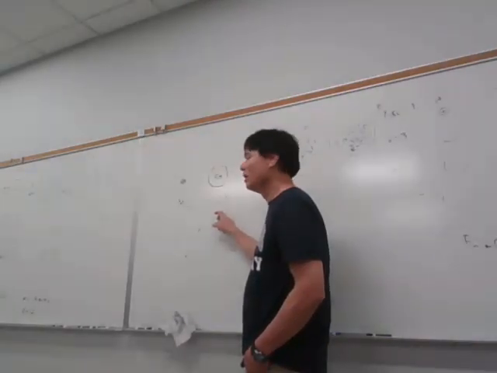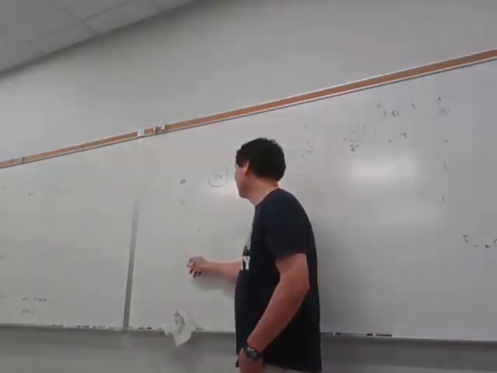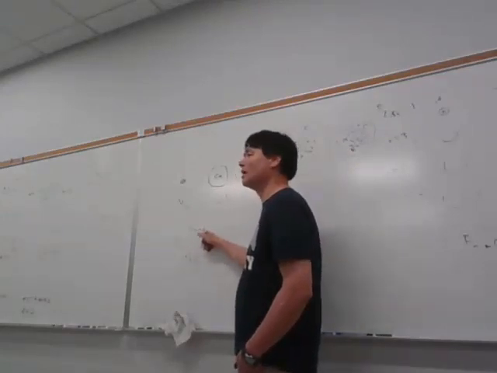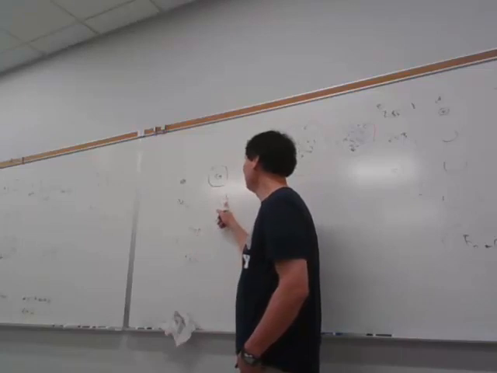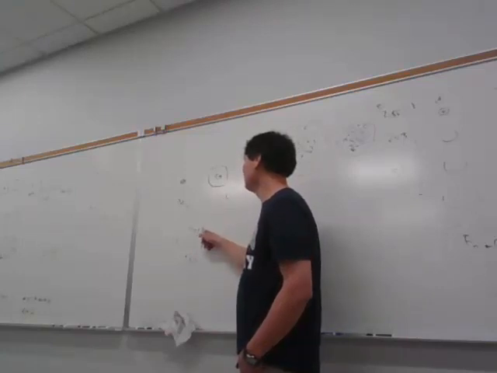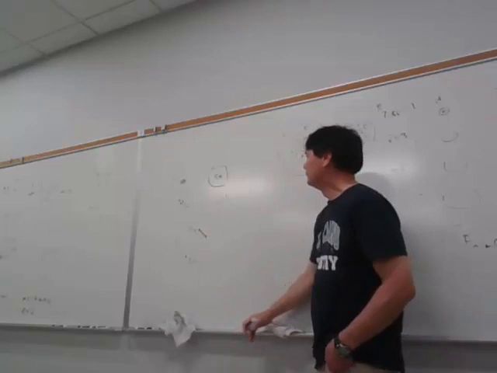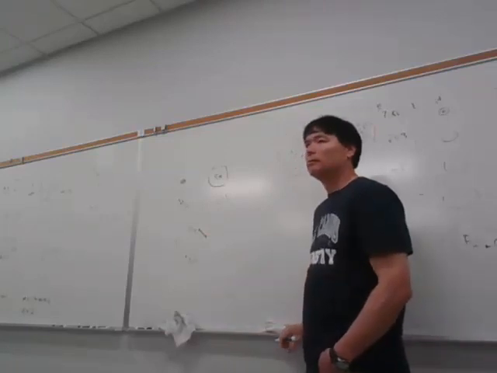Because it's smaller. Sodium is bigger, magnesium is smaller, so magnesium is going to be harder to ionize. Aluminum is smaller than magnesium, but aluminum is easier to ionize. Why is that?